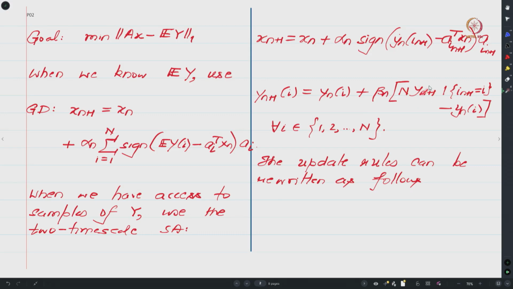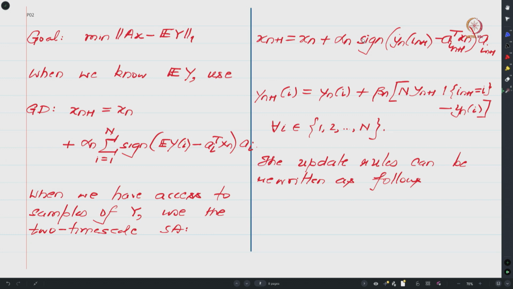So we do not plug in directly this calligraphic Y_{n+1} because, as I said, the expectation of a sign is not the sign of expectation. The expectation and sign operators do not interchange with each other, right.